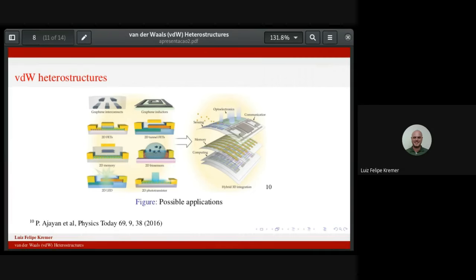So we have a lot of possible applications as devices. They can be ultra low power devices. They can also be flexible, transparent, and ultra thin.